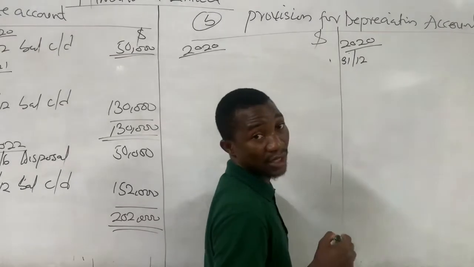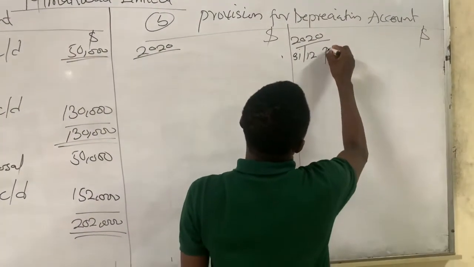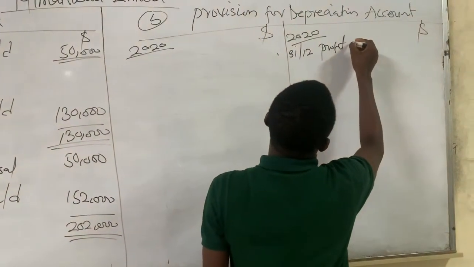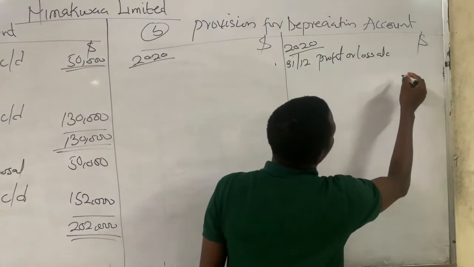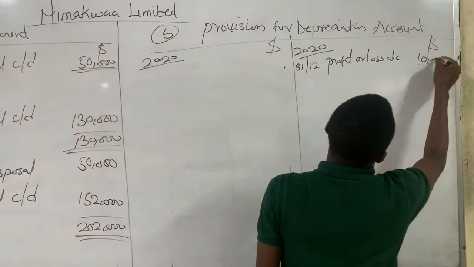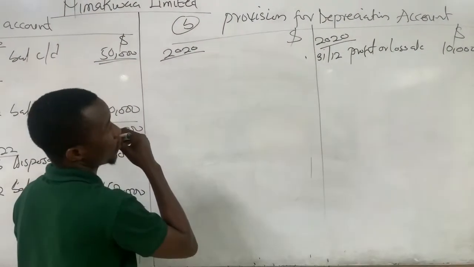We have an annual depreciation from our statement of depreciation. So that is the profit or loss account, and the amount was 10,000 from our statement of depreciation. So we are going to close the account, very simple.